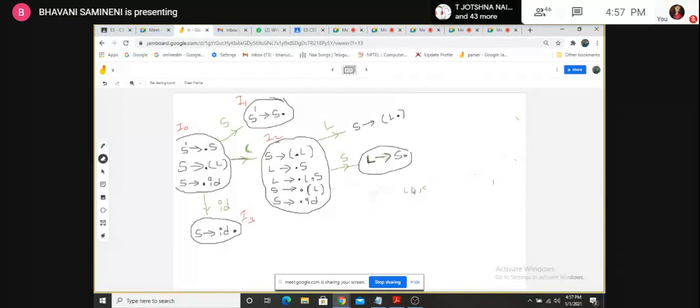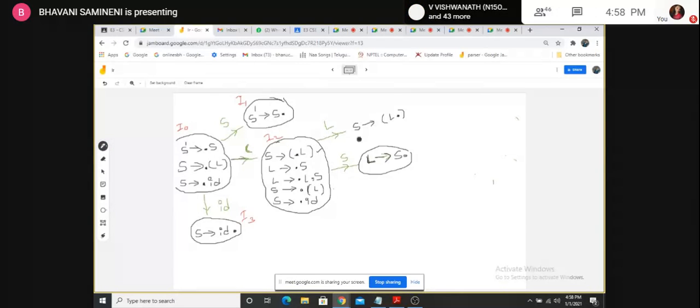One transition means, while making the transition on L, you have to consider all the productions where L is the next symbol after the dot operator. So this one I have considered. Even this you have to consider and include in the state itself.